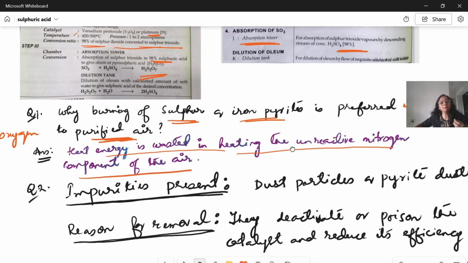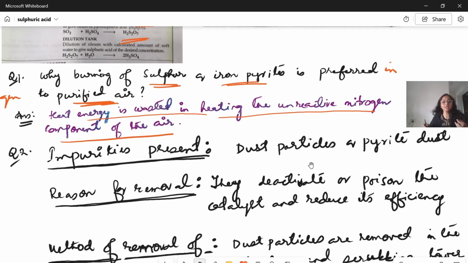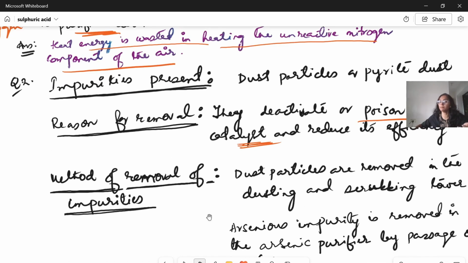Next is, what are the impurities which are present? I have covered this. Just to highlight, the impurities present are dust particles, mainly pyrite dust. And why do we have to remove them? If we don't remove the impurities, they will poison our catalyst, and its efficiency will go down. So we should remove the impurities.